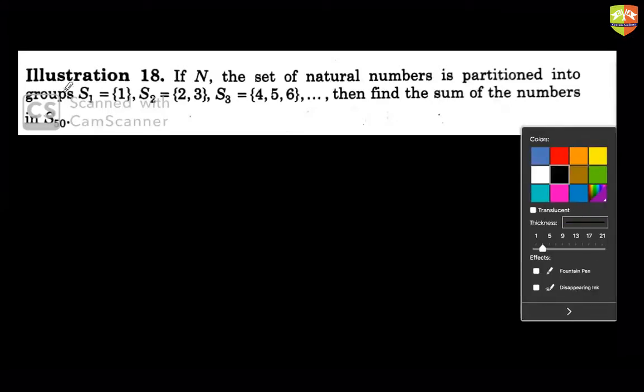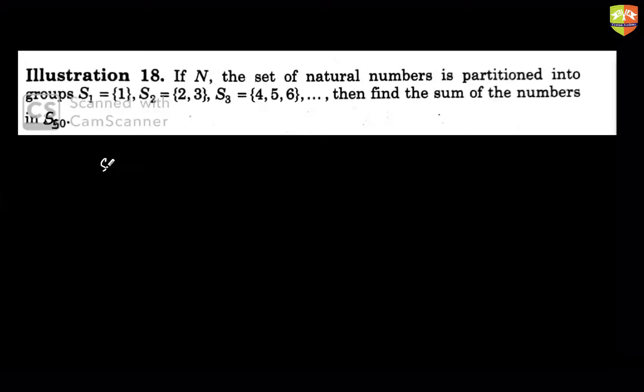Okay, so here you go. I'll read the question for all of you here. If N, the set of all natural numbers, is partitioned into groups, which is like S1 is 1, S2 is 2, 3, S3 is 4, 5, 6, and so on, then find the sum of the numbers in S50. So basically it goes like this.